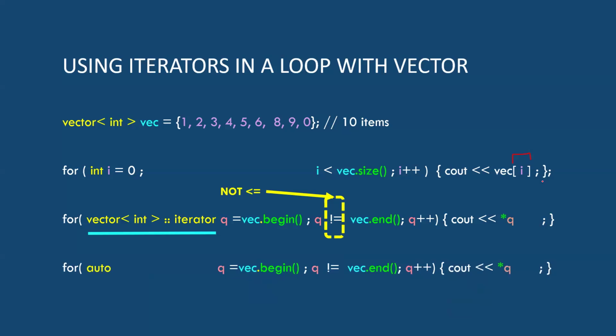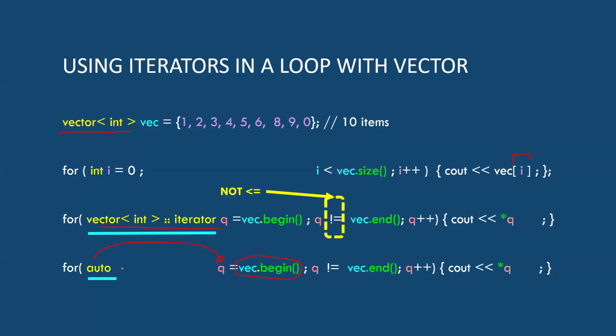And this is, thank you auto. So auto is an automatic data type figure outer. It says, oh, what would Q be based on this? It's like, oh, well, begin gives me a vector iterator for integer because I know it's an int vector. Therefore, it will automatically fill that in for us.